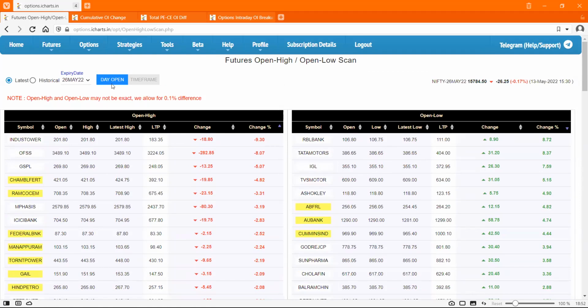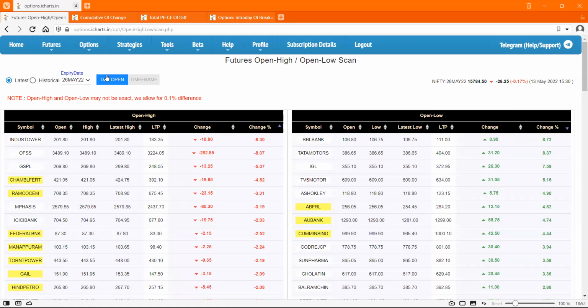You'll get this immediately once the market opens and the first minute data is updated. Once this data is there, only these highlighted ones will change, I mean scripts may get highlighted. Otherwise, this data remains the same for the rest of the day. Only this latest high, latest low will get updated, and these highlights will come on whenever this condition gets broken.